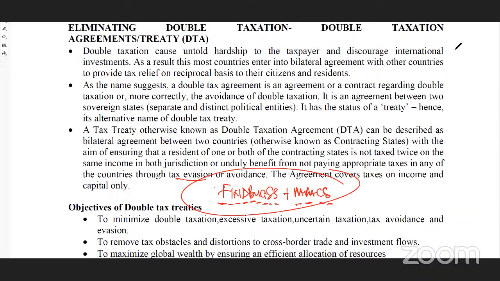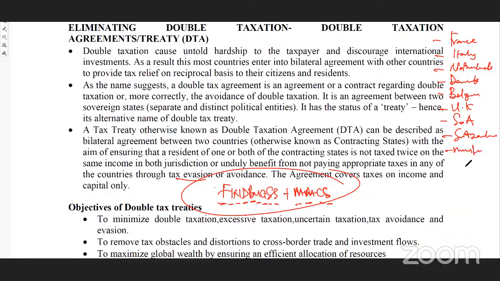Okay, so France, write it down. France, Italy, Netherlands, Denmark, Belgium, UK, United Kingdom, South Africa, SA, Switzerland, Mauritius, Morocco.